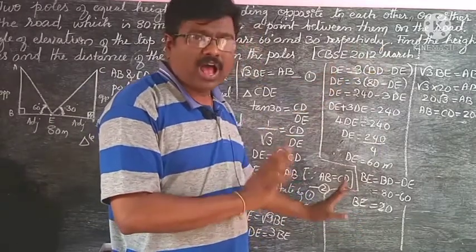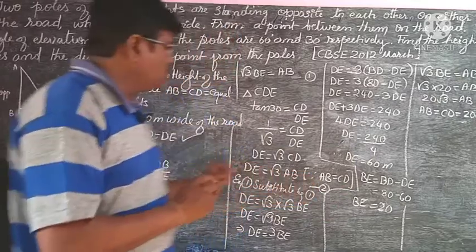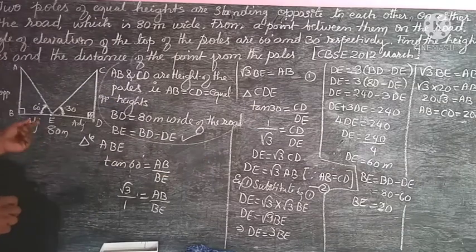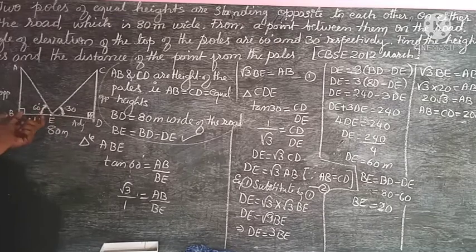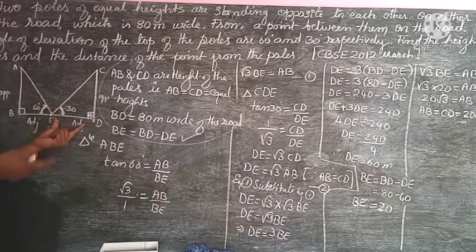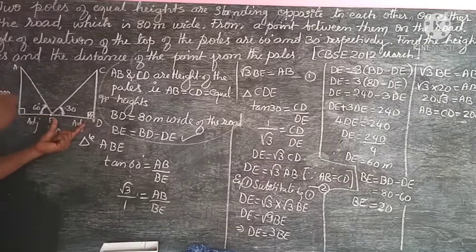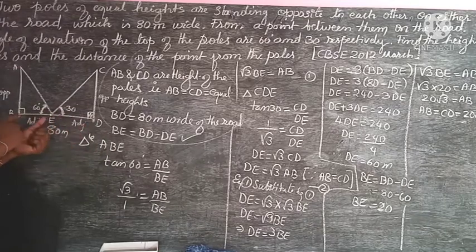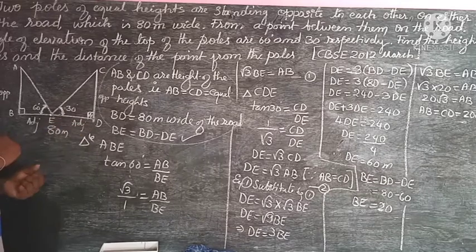the questions that will be asked in the examination. Understood? You can use all the given points, and if the ratios are given, you can think about it. So BE length is not given, so you can easily identify it by subtracting from 80 to obtain the BE value, or DE is equal to total BD minus BE, obtaining the DE value.